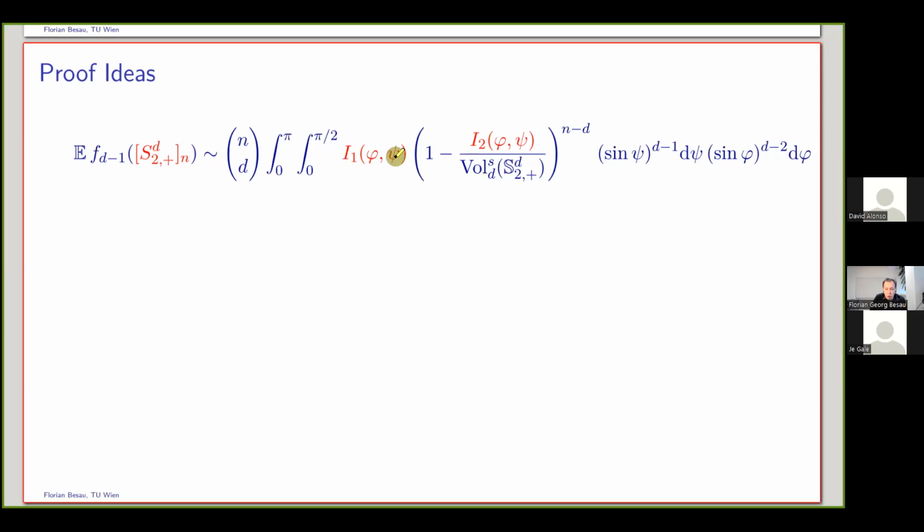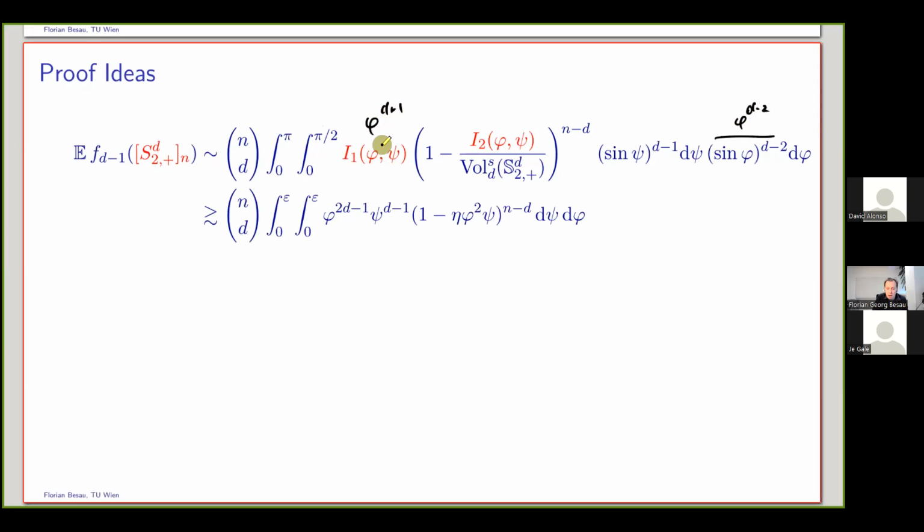So we want to bound I1 and I2, and let's say we bound it from below. If we want to bound from below, then we can restrict the integration domain here to something that is bounded by epsilon, so very close to epsilon. And then we can replace I1 by something that is asymptotic to phi over d plus 1. And our sine phi here is essentially phi to the power d minus 2.